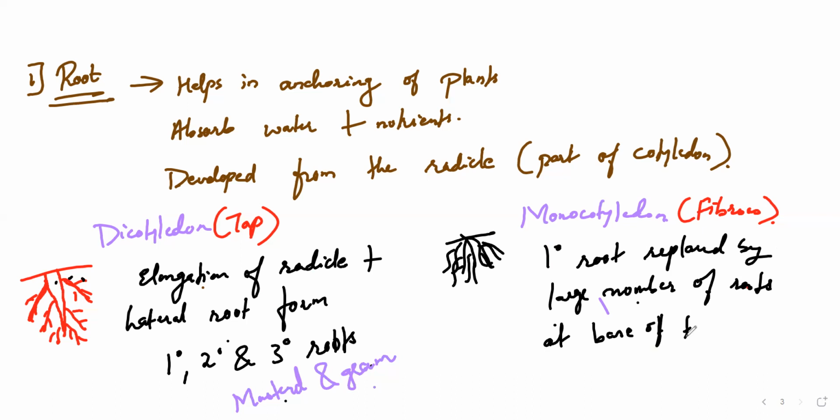Base of the stem. For example, wheat, rice. Okay, this will be the example of fibrous root.